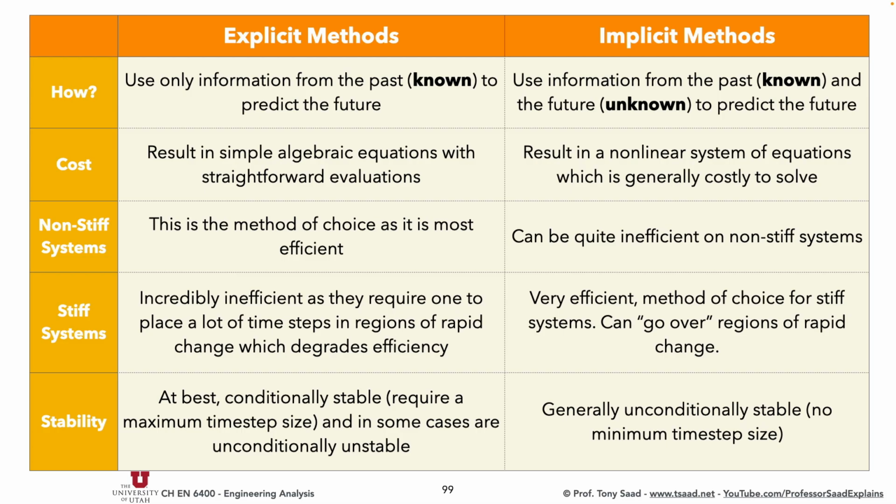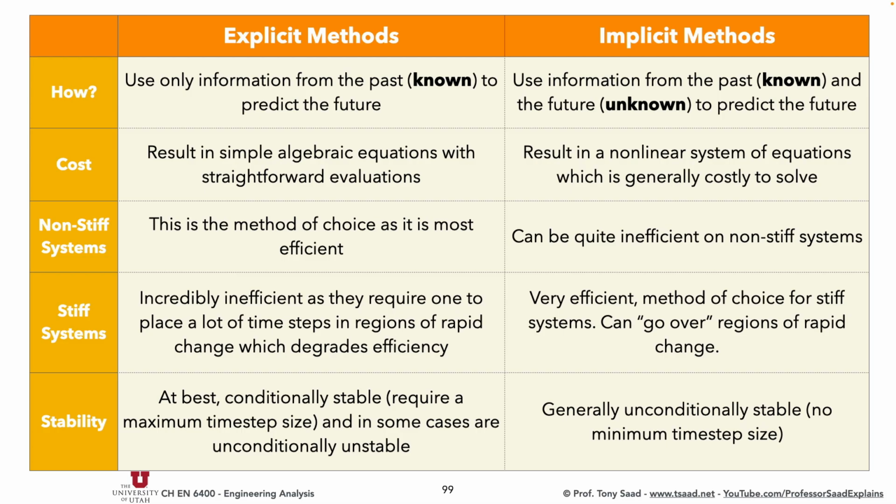For stiff systems, however, when you start seeing that separation of time or length scales, explicit methods become incredibly inefficient. Why do they become inefficient? Because of stability. The solver is trying to be stable. And you see that rapid descent. In regions where you have gradual descent, you can take 4 time steps. In the region of steep descent, you have to take 100,000 points just for it to be stable.